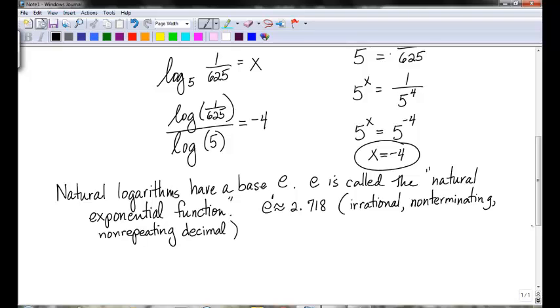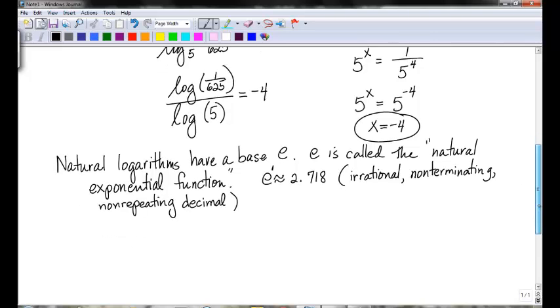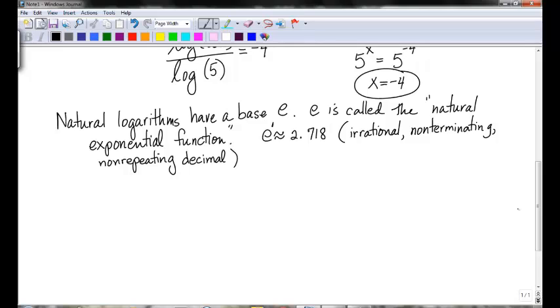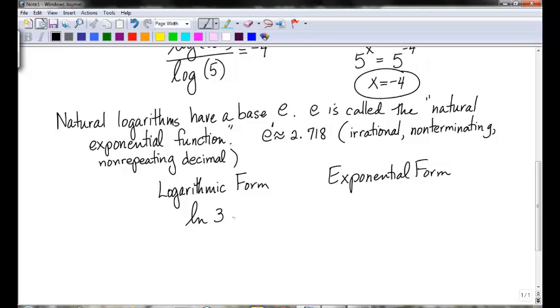So what we did up above, we're going to look at natural logs, in the logarithmic form and the exponential form. If they gave you the natural log of 3, on your calculator you're just going to do natural log of 3.